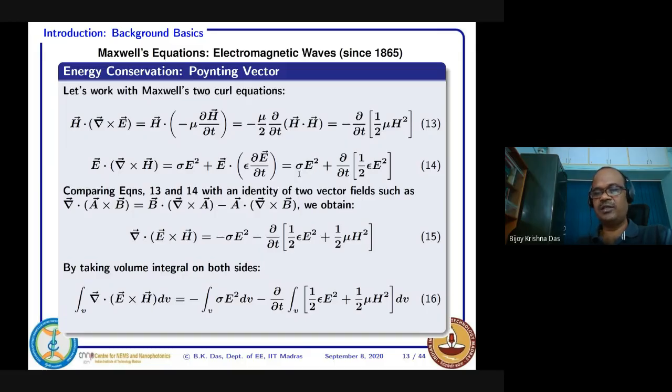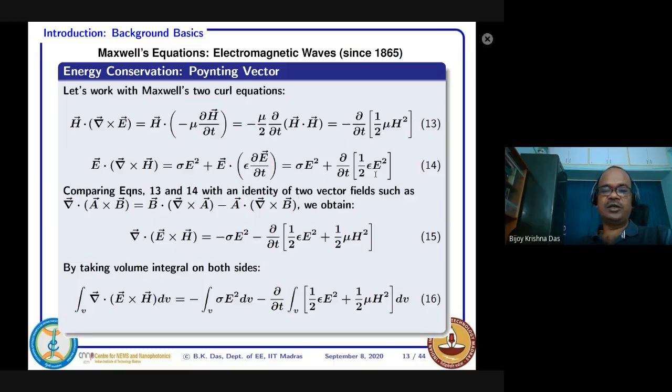If an electric field is there, charge motion will be there, some current will be there, and because of that there will be some kind of ohmic loss, sigma E square. And this is the rate of change of electrostatic energy density due to the electric field, right?